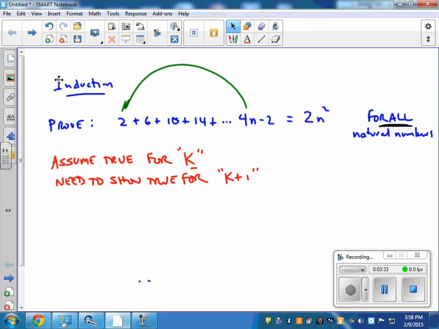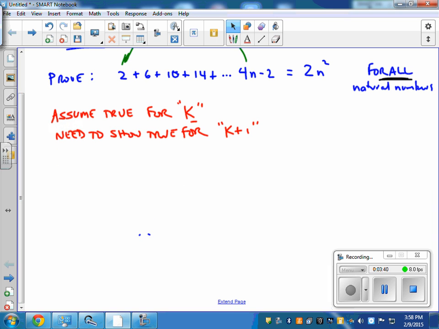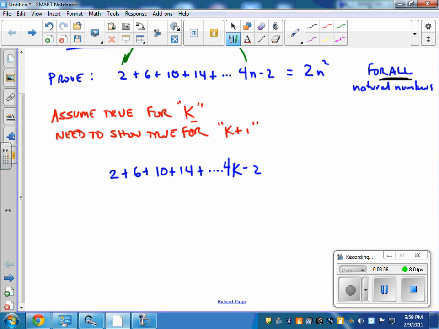Okay. So the idea on a series proof like this is you assume this is going to be true for some number k, and that step would look like this: 2 plus 6 plus 10 plus 14 plus all the way out to 4k minus 2. Notice that's just this nth term generator, and it is equal to 2k squared.